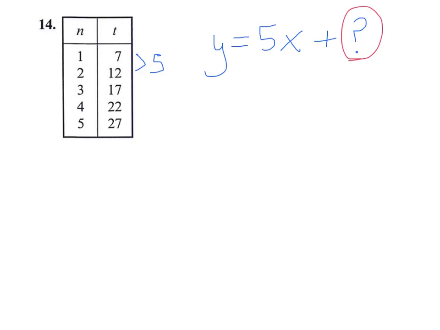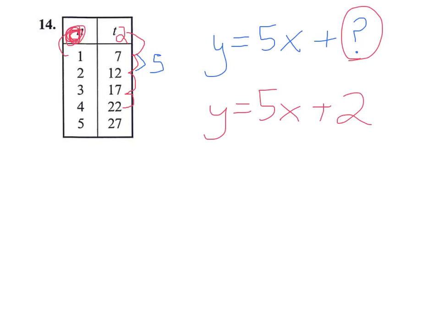Now, if your t-table starts with 1, it's really easy. You just go back a step and say, what would it be if we were looking for 0? Well, if it went up by 5, up by 5, up by 5, we just have to go down by 5. So 7 minus 5 is 2. So in this case, the equation is y equals 5x plus 2. And that's the entire question, okay?